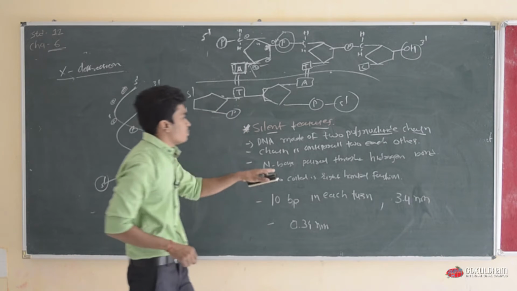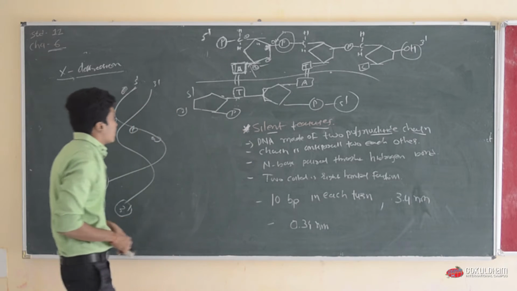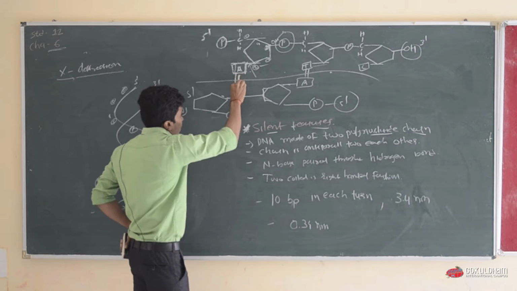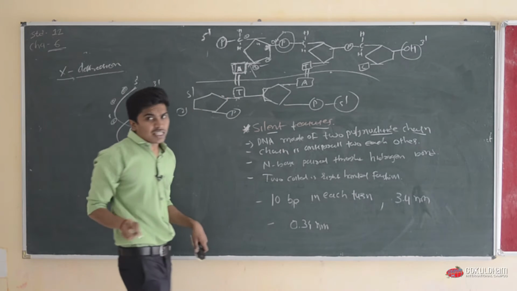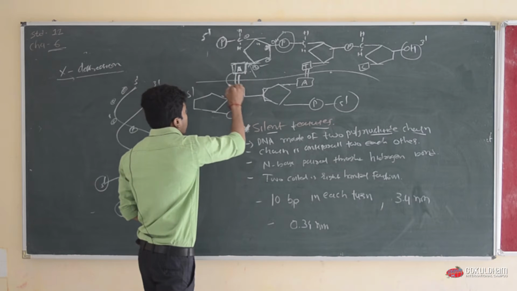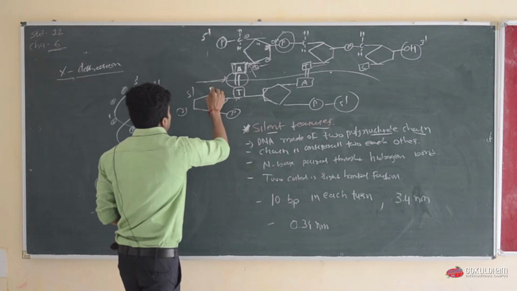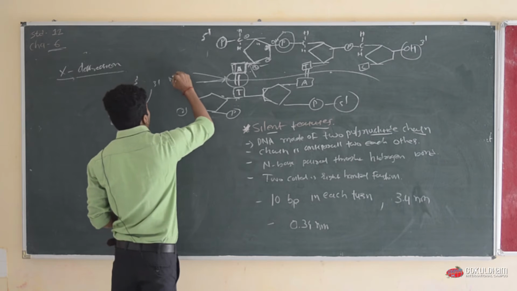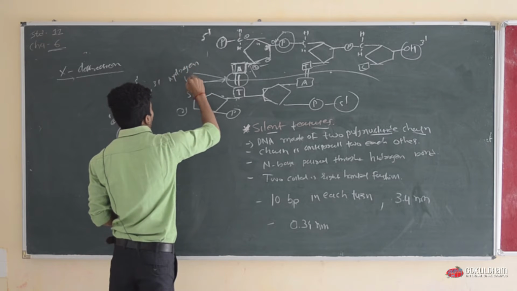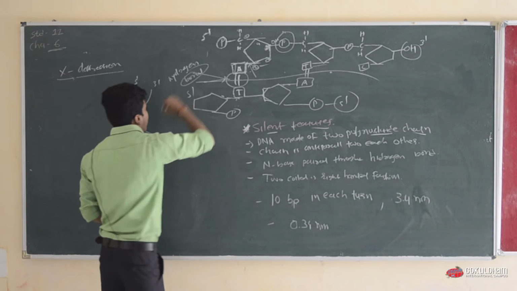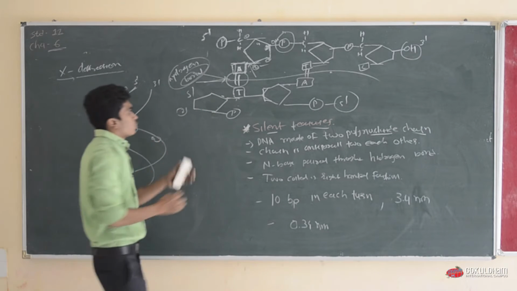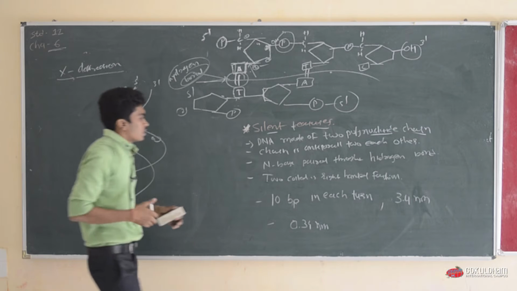Now, the base pairs are held by hydrogen bonds. Here the base pair adenine and thymine is paired by the bond called hydrogen bond. This can be asked in exam. Two base pairs are linked by the hydrogen bond in the DNA.